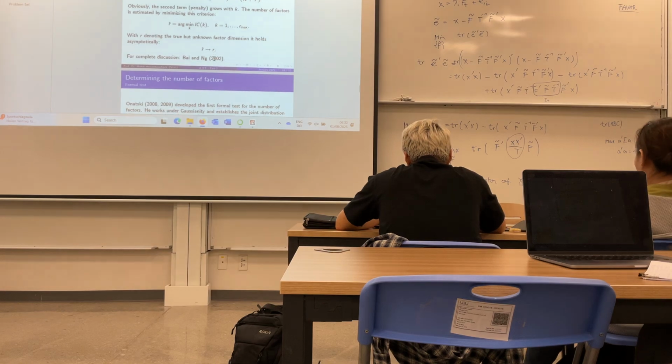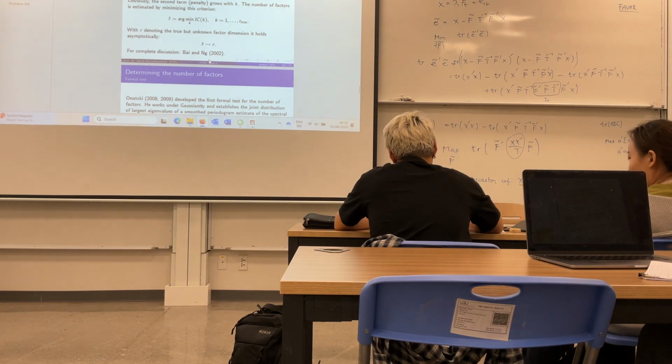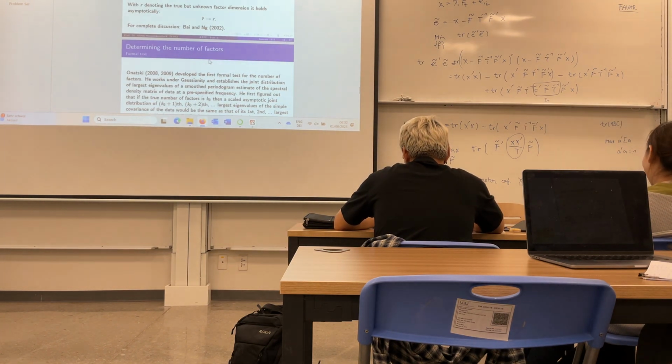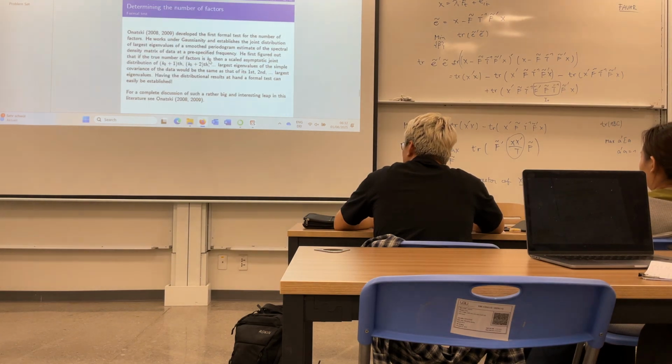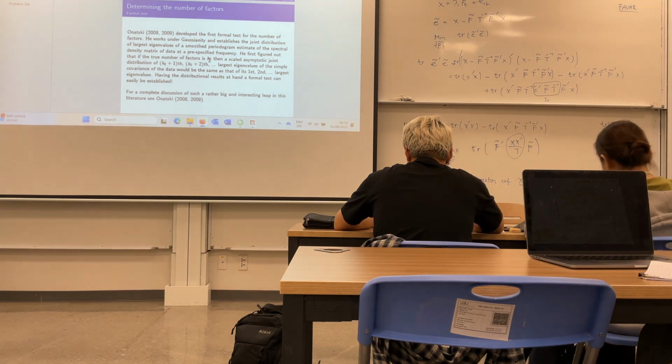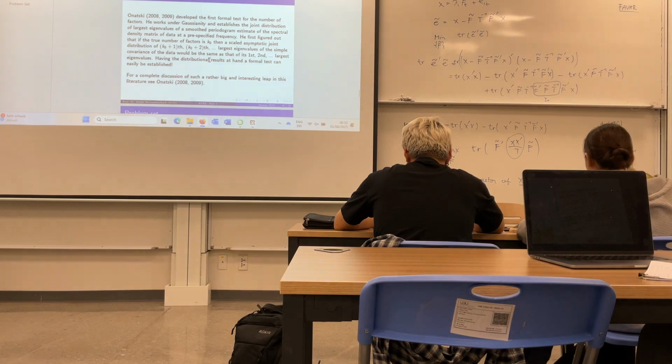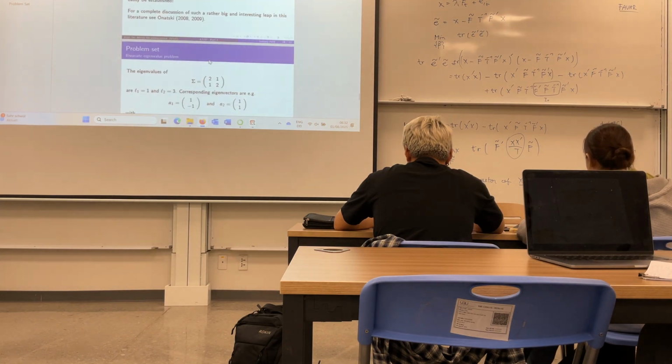That's how we choose it. We added in 2002 to make sure that this is asymptotically equal to the true factors. There are some other tests, like Alexei Onatski's paper. They are very hard papers to read. But there are other tests, as I just mentioned.